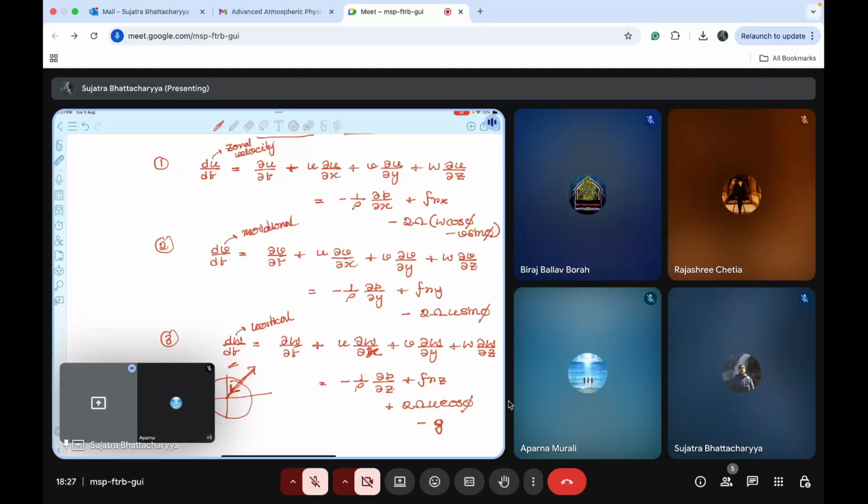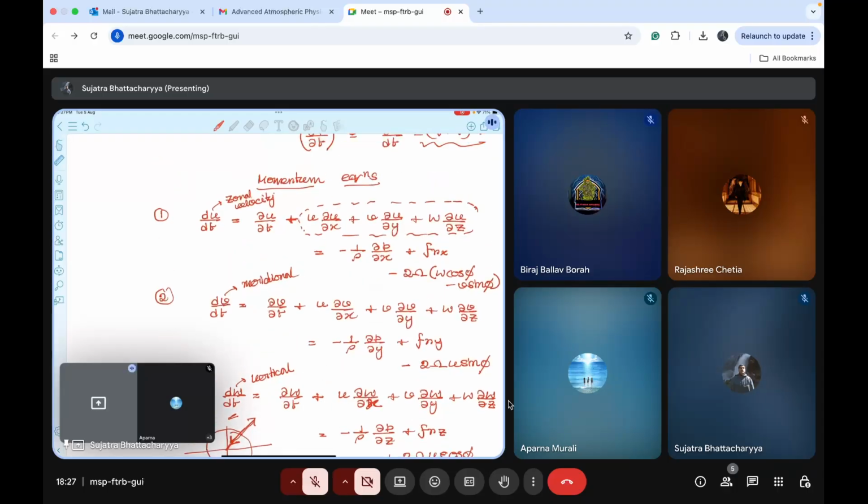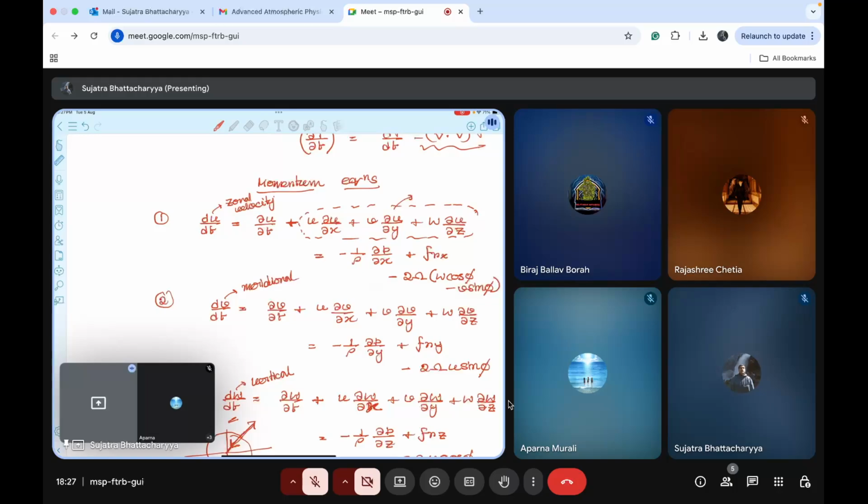But the reason weather forecasting fails sometimes is these advective terms. Look at these terms: u ∂u/∂x, v ∂u/∂y, w ∂u/∂z. What is this? These are non-linear terms. These are not ordinary differential equations, first of all; these are partial differential equations.